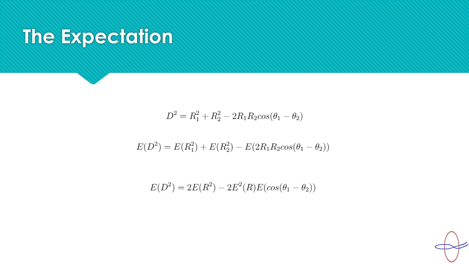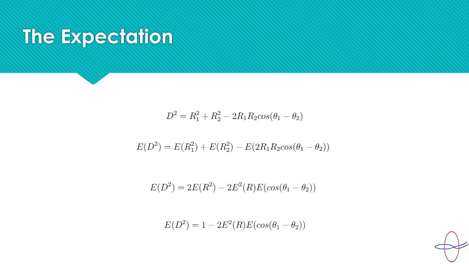They're tying the knot together. They follow the same distribution, so they have the same expectation. This is really beautiful in my opinion. Using this idea, we get twice the expectation of r square minus that thing, and using the independence of the radii and theta 1 and theta 2 from each other, and the result we derived for the distribution of r square, we get the expectation of d square equal to 1 minus that quantity.